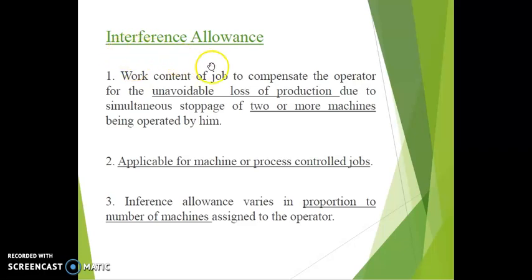Interference occurs when the same operator is working on 2 or more machines. At that time, if there is an unavoidable loss of production due to stoppages, we consider this as an interference allowance because this is unexpected and unavoidable. So here we consider the interference allowance in proportion to the number of machines assigned to the job. So this is the predetermined interference allowance.